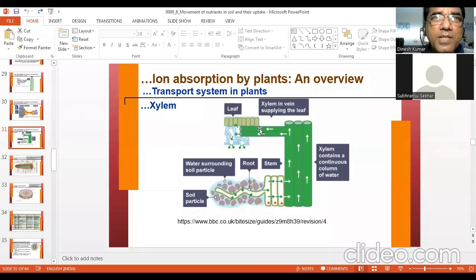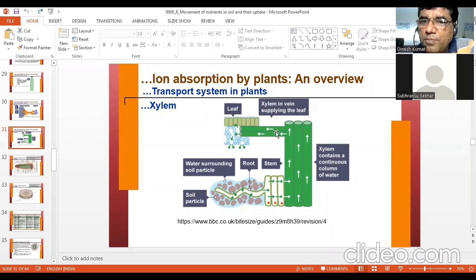And in leaves, if you see the veins, these veins contain xylem. Veins and smaller veins contain xylem, and through this xylem, the water will reach the leaf. So the xylem is continuous, starting from root to the leaf and any other part of the plant. So xylem contains a continuous column of water. You can see this is a continuous column of water.